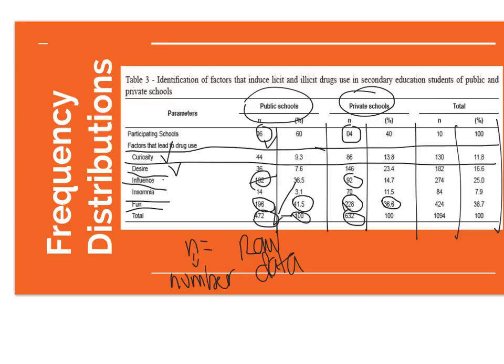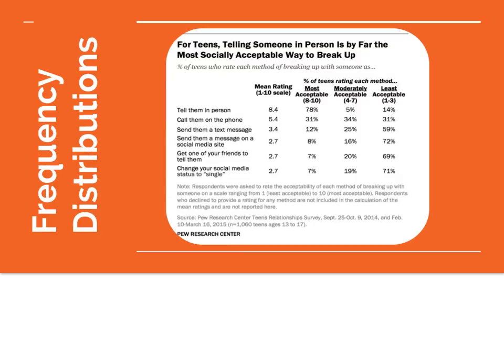Frequency distributions at the very end usually have a total, which serves, I'd say not as a baseline, but as a reference for the whole population, because as you might see, 472 plus 632 should be 1,094. This is the total N of the entire study. So that's basically frequency distributions.